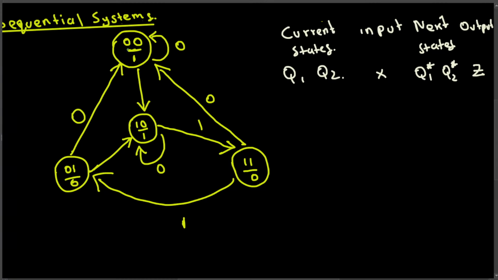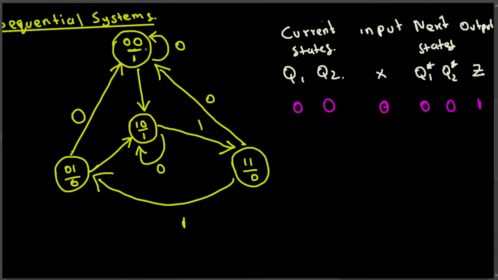Here if you look at this, first we have 0 0, and when you input 0, it's going back to 0 0. So the next state is 0 0, and the output is whatever the value on the bottom. Bottom here we have 1, so that's the output for the first one, when the input is 0, for 0 0.